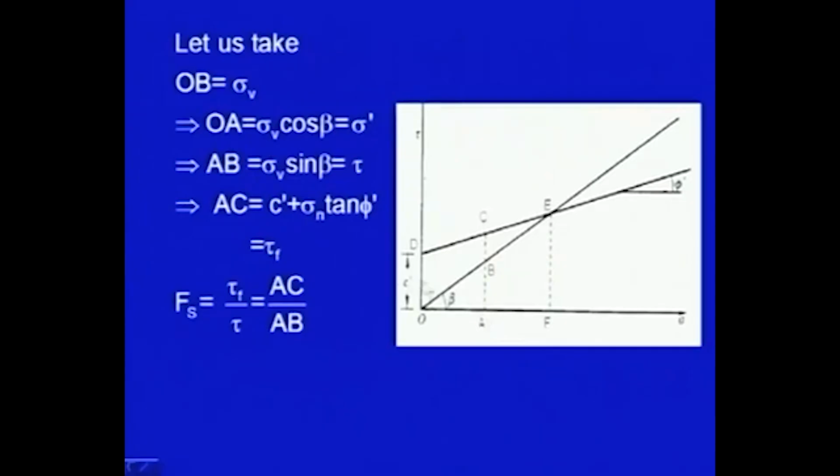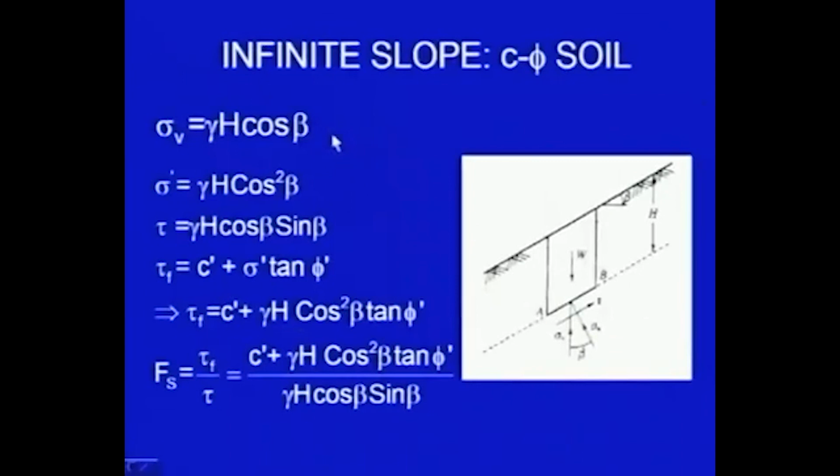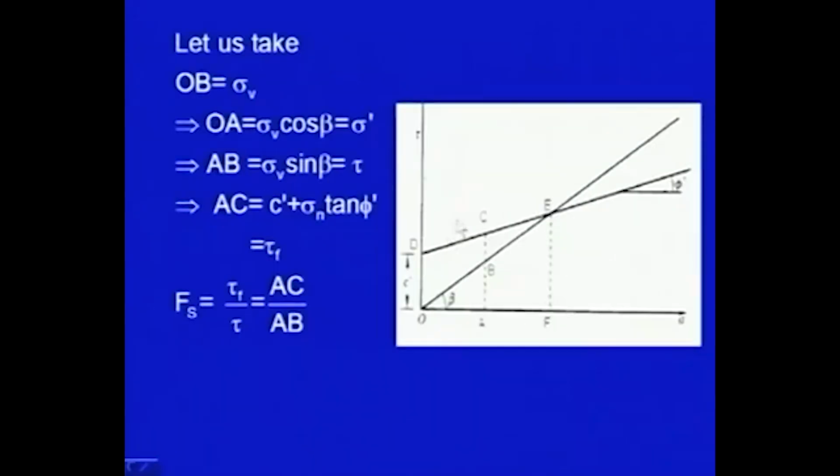And if you remember in the previous figure, sigma V into cos of beta was nothing but sigma dash, the normal stress. So, this intercept represents sigma dash, the normal stress which is acting over the rupture plane.